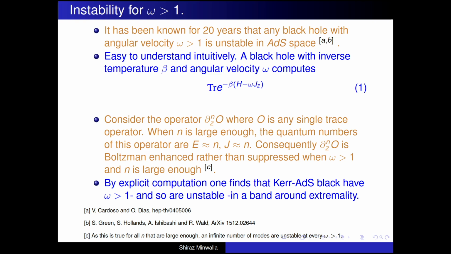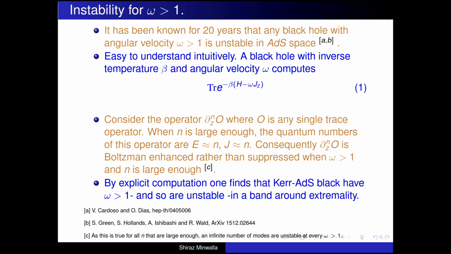It's been known for over 20 years that any black hole in AdS that has omega greater than 1 is unstable. Intuitively, you can understand this as follows. A black hole with inverse temperature beta and angular velocity omega computes a partition function that looks like the trace of e to the power minus beta (H minus omega J_z).